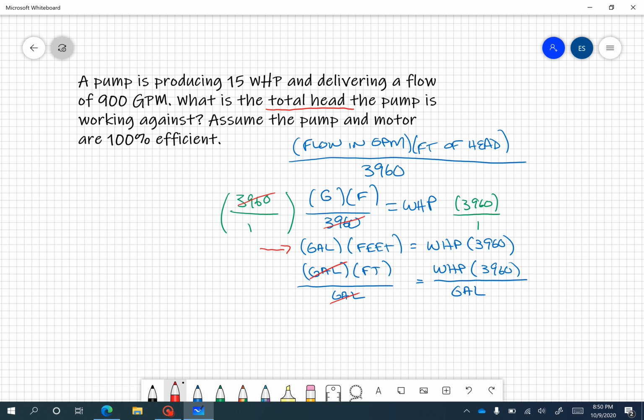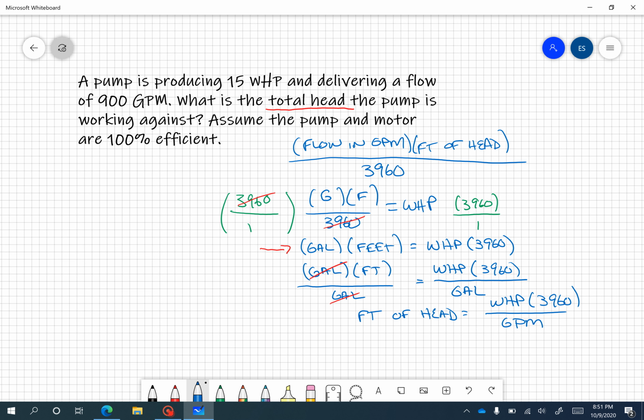Gallons are going to cancel out here, and I'm left with feet of head equals water horsepower times 3960 over gallons of flow, or gallons per minute. So now we can plug our numbers in.